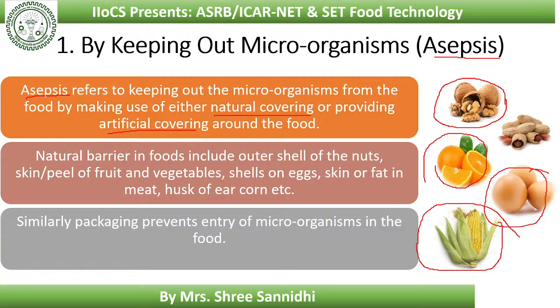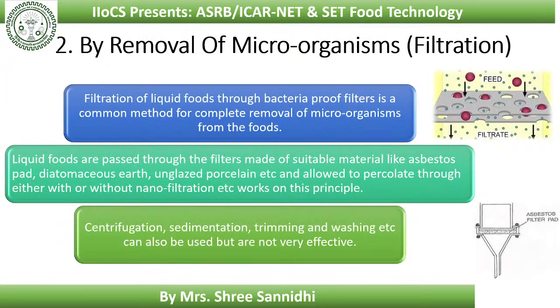All these are natural barriers for the microorganisms or any external contaminations. Similarly, we can create an artificial covering for the food by giving a proper packaging. Packaging prevents entry of microorganisms in the food. We saw about asepsis.